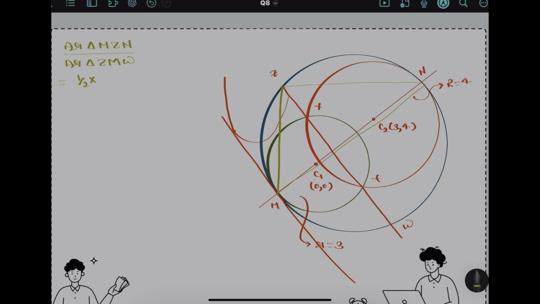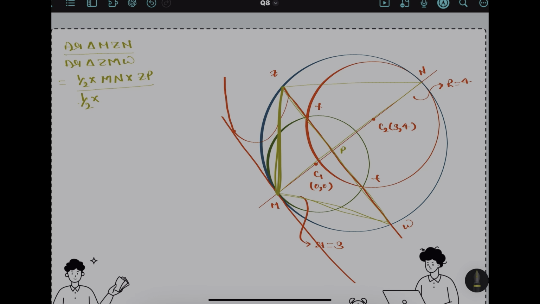For triangle ZMN, can I say that it is half of base MN into height, where we have taken ZP? And then half for triangle ZMW, this triangle, right?